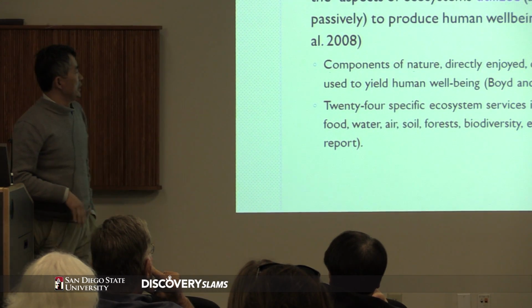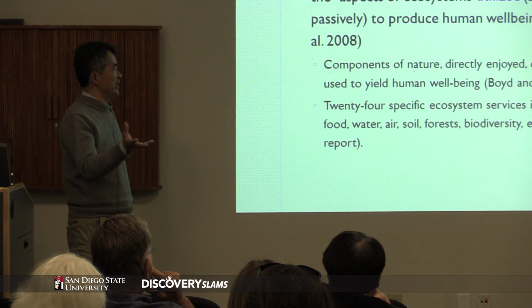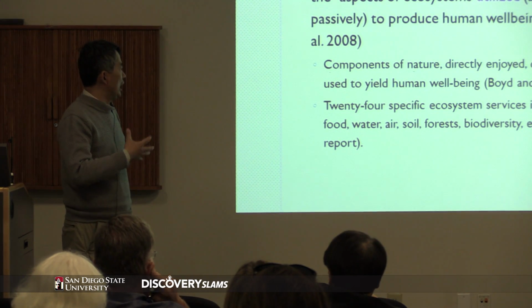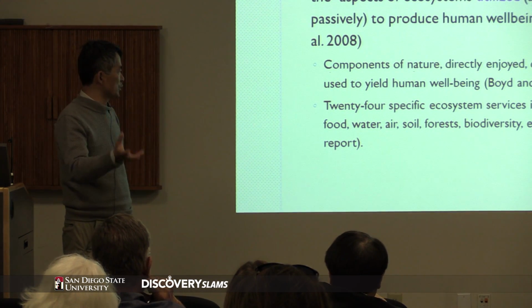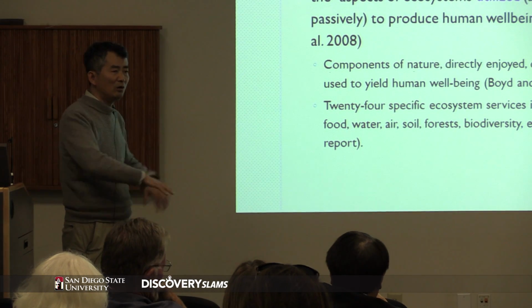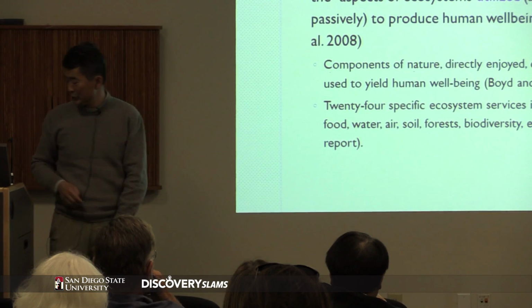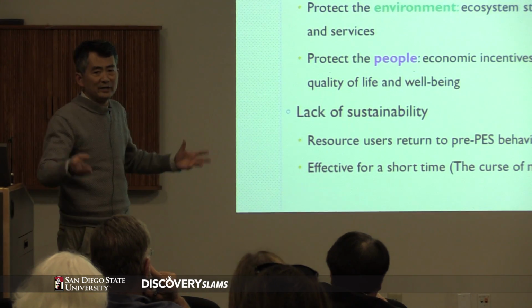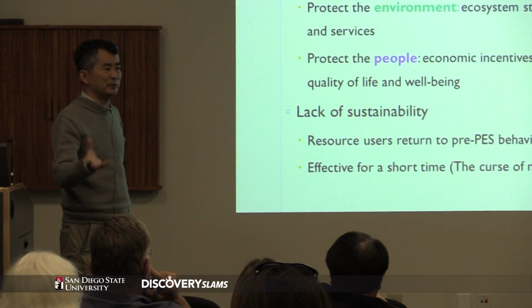So, in theory, all the components of the nature, including the things we enjoy, for example, clean water, soil, forest, biodiversity, wildlife and habitat. All these are ecosystem services. But right now, as human population increases worldwide, there's lots of pressure.